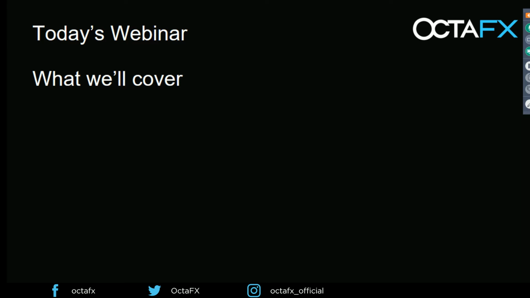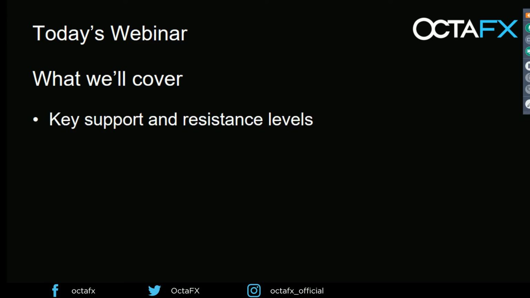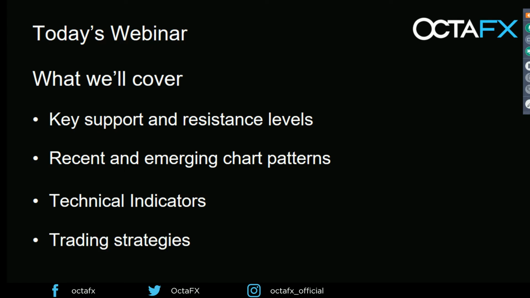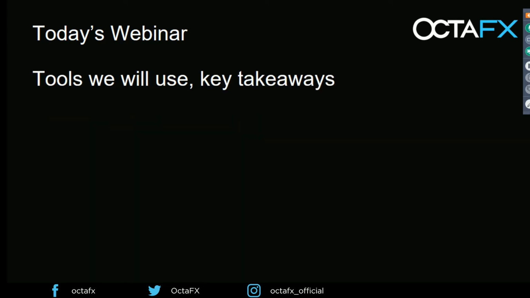Let's talk about what we're going to cover in today's presentation. As usual, we're going to look at key support and resistance levels, and recent and emerging chart patterns. We're going to cover technical indicators and trading strategies. Let's take a look at the tools we're going to use and the key takeaways. We're going to look at trend lines and patterns using trend lines, so flags, pennants, triangles, that kind of thing.